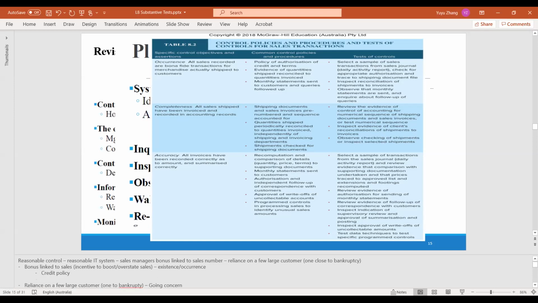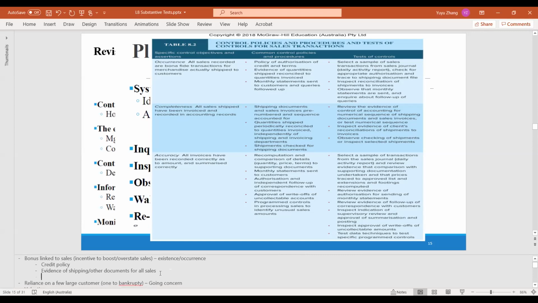So for occurrence assertion, what about the evidence of shipping, if there are for all sales? What are the key control points for existence, for occurrence assertion?